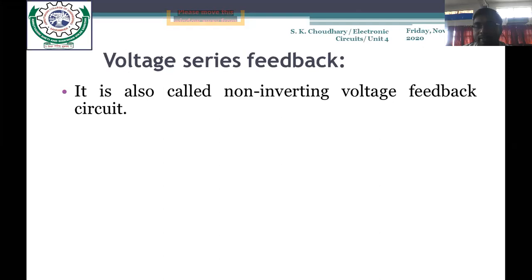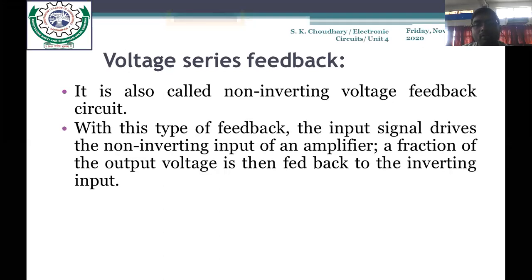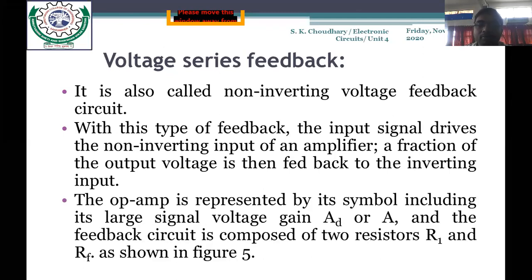So the name clearly states the purpose. Non-inverting means we apply the input voltage to the non-inverting terminal, and feedback is given to the inverting terminal. With this type of feedback, the input signal drives the non-inverting input of the amplifier, and a fraction of the output voltage is then fed back to the inverting input.